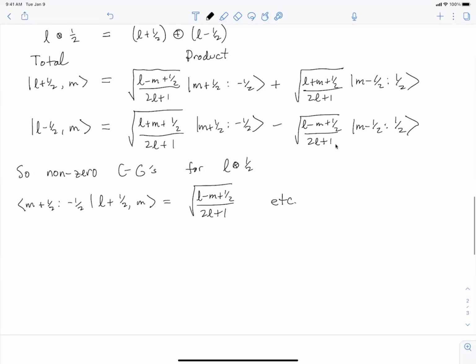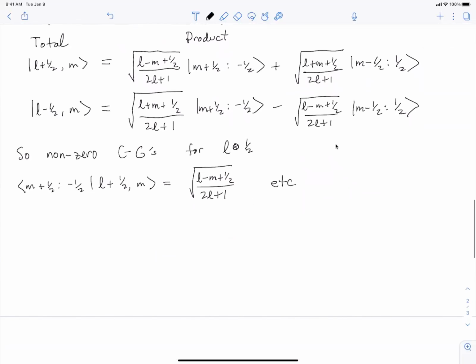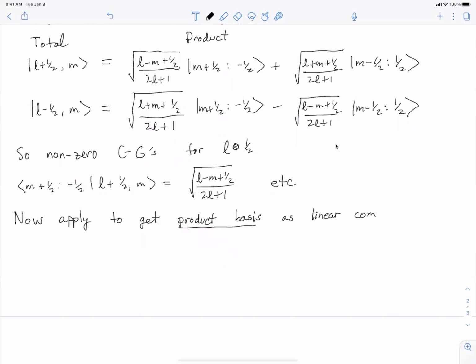Okay, now having gotten the Clebsch-Gordon coefficients, now we can use the trick to apply this to get the product basis as linear combinations of the total basis, which is sort of the inverse problem of what we've already done.